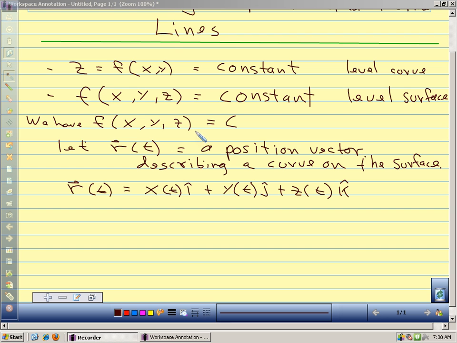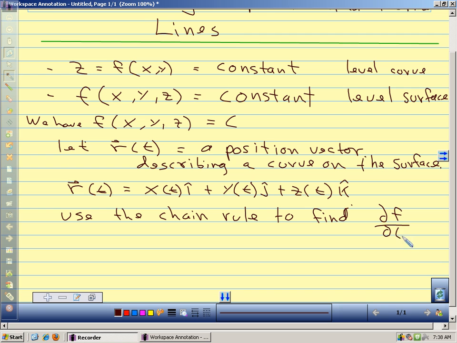So we're going to use the chain rule. We want to find df dt. Now f is a function of x, y, and z, and x, y, and z are functions of t.